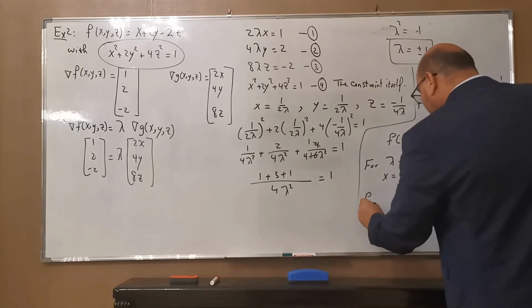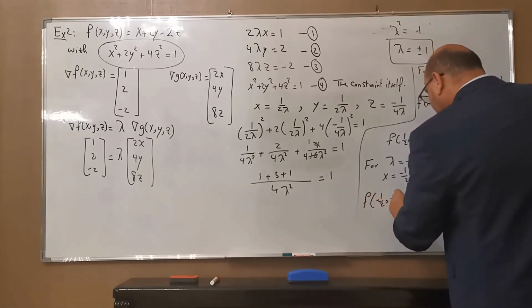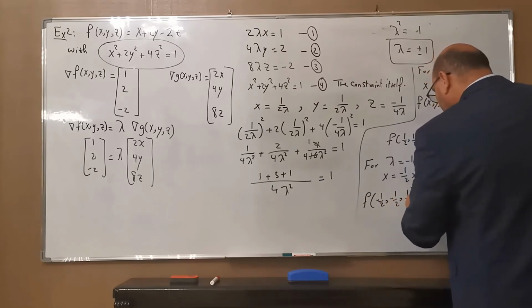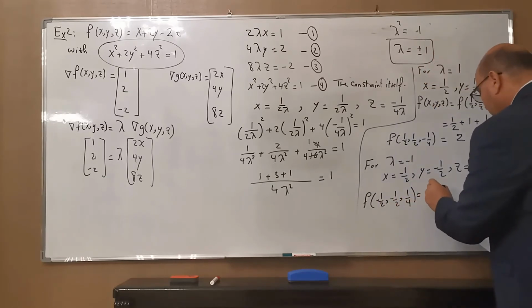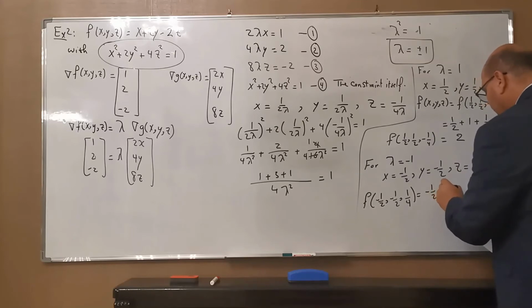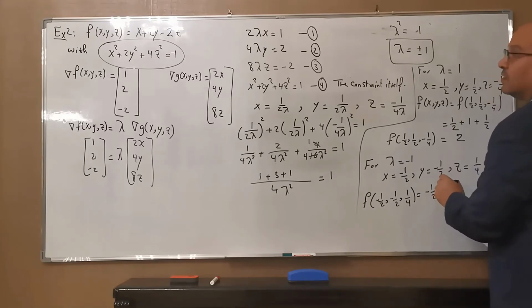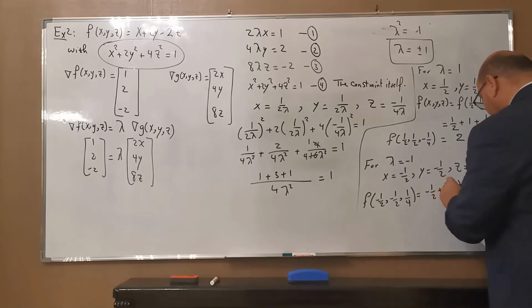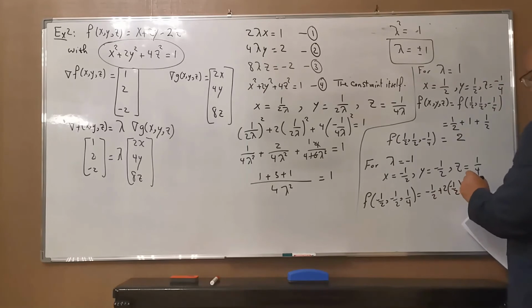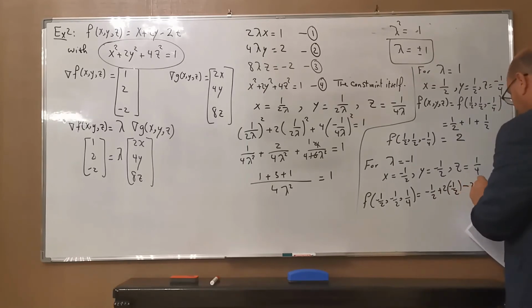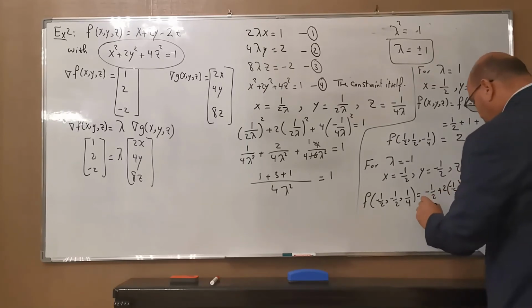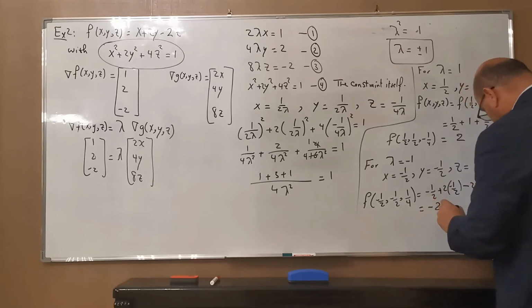So f of minus 1/2, minus 1/2, 1/4 equals minus 1/2 minus 1 minus 1/2, and we end up with minus 2.